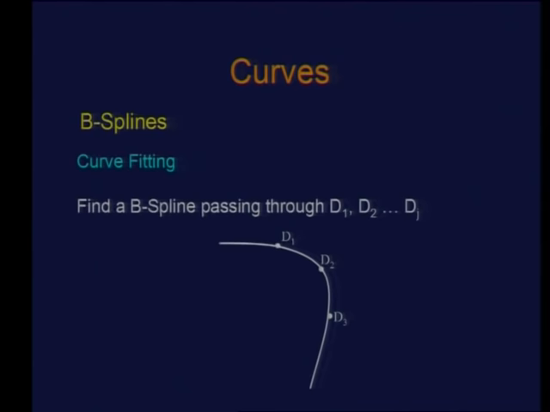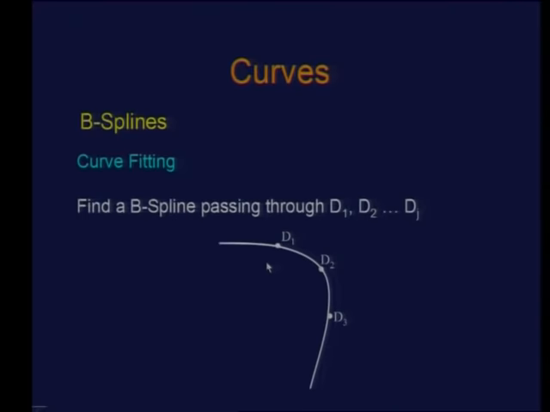I require control points, right. If I am able to devise a mechanism to find control points which would in turn make the curve pass through these data points, I have solved the problem, right. So, we are posing the question: can I find those control points, given that the curve passes through these data points?